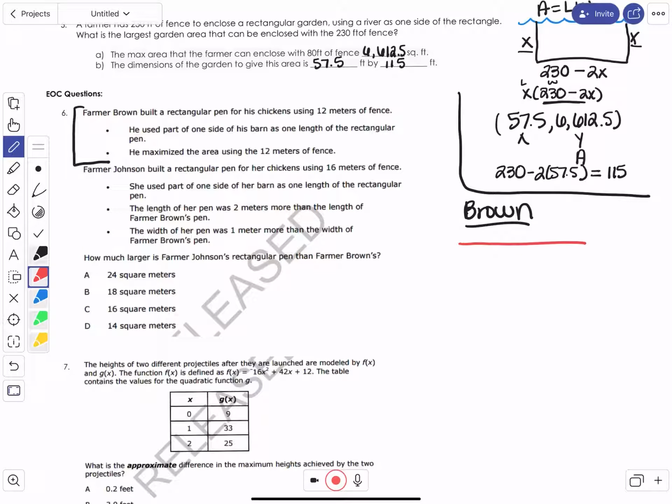So I'm just going to do red for this barn. All right, so here's his fence. We've got X and X, and he's using 12 total meters, so we've got 12 minus 2X. We're doing that the same way. And we need to do X times 12 minus 2X.